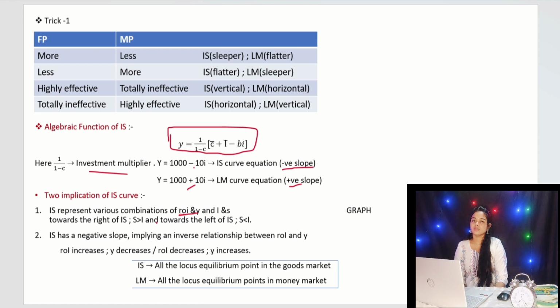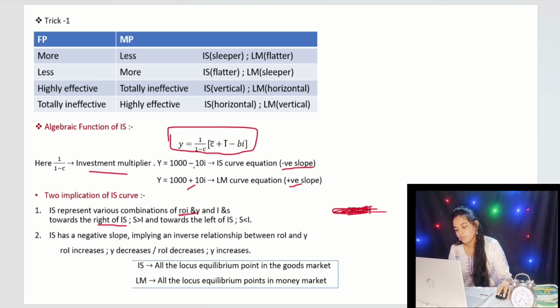Towards the right of IS, saving is more than investment, and towards the left, saving is less than investment. Second, IS has a negative slope, implying an inverse relationship between rate of interest and income.